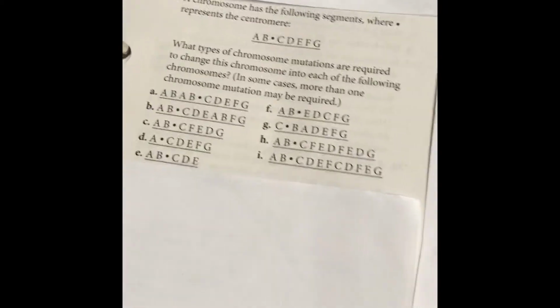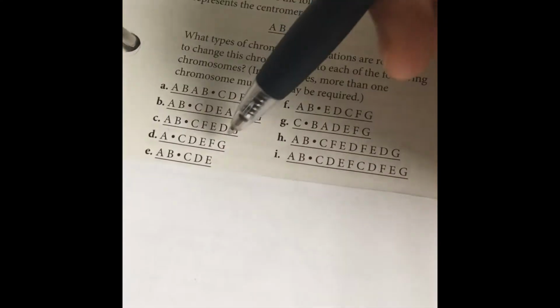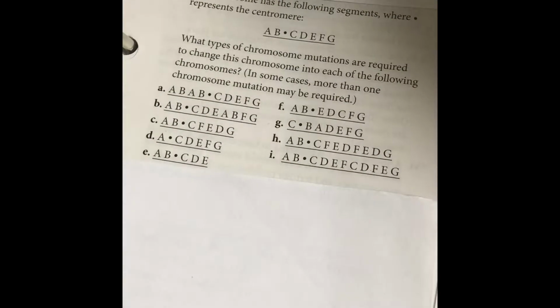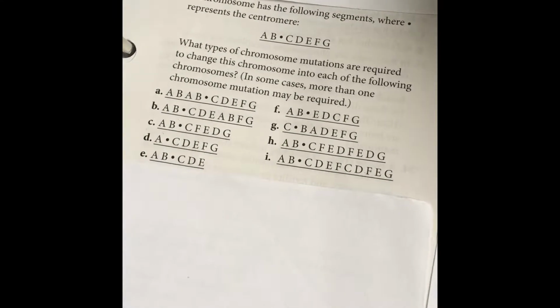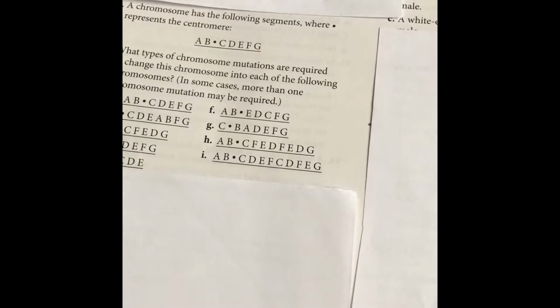And that's, again, because the gene got deleted. Okay, so E, I'm looking at E right now, A, B, C, D, E, F, G. Yeah, it looks like just the FG was deleted, so that's just another deletion.